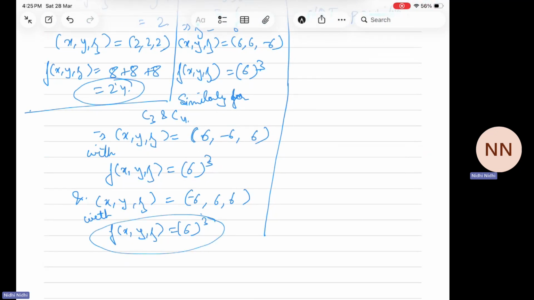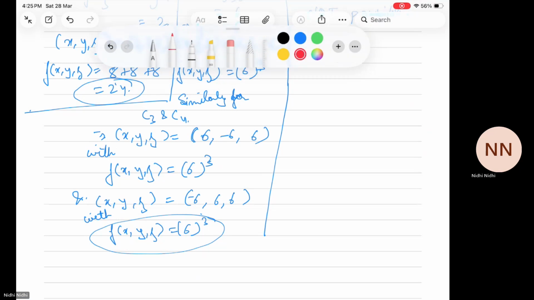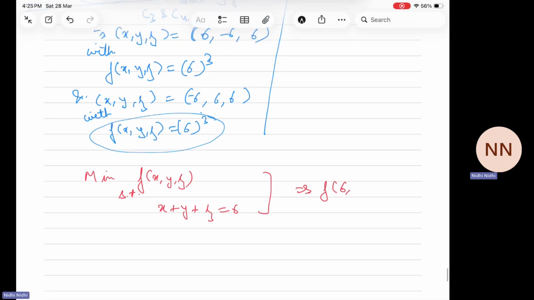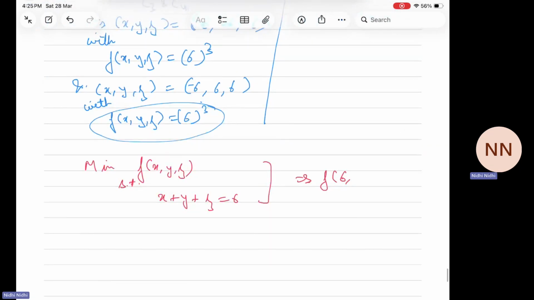So therefore, the minimum of f(x,y,z), subject to the condition that x plus y plus z equals 6, is equal to the value of the function f at (2, 2, 2), which is 24, and the maximum is at (6, 6, -6), which is 6 cube.